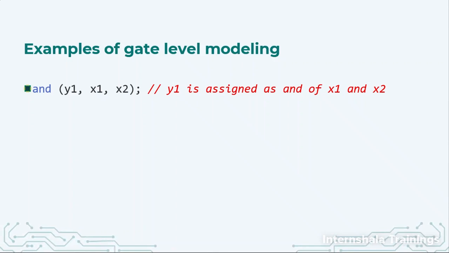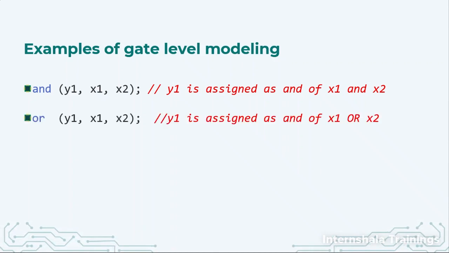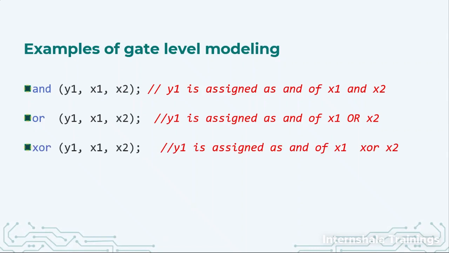So Y1 will be assigned as the AND of X1 and X2. When I say OR Y1, X1, X2, that means the OR of X1 and X2 will be assigned to Y1, and similarly the XOR operation can be performed.